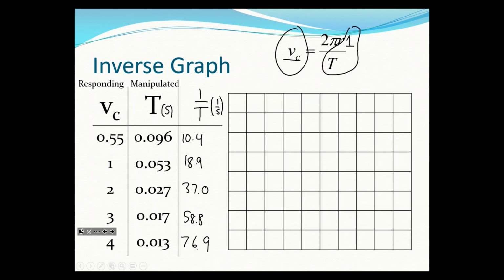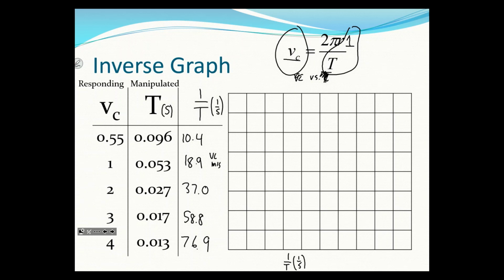Okay, so now we have these values that are 1 over it. So VC was fine, it's by itself, so VC stays like this in meters per second. And this is a VC versus 1 over t graph. So our values that we're graphing out now are not t anymore, they're 1 over t with the units of 1 over seconds.